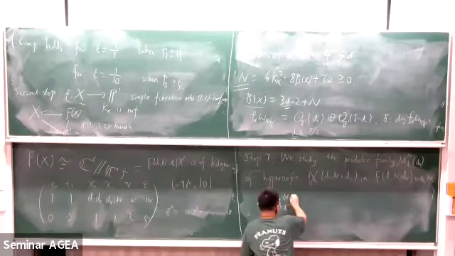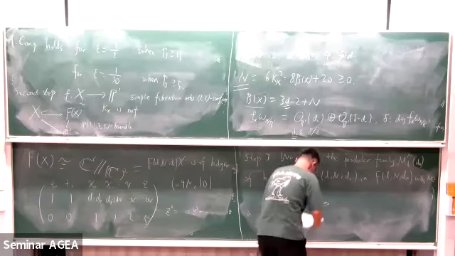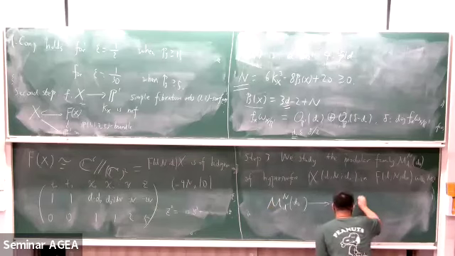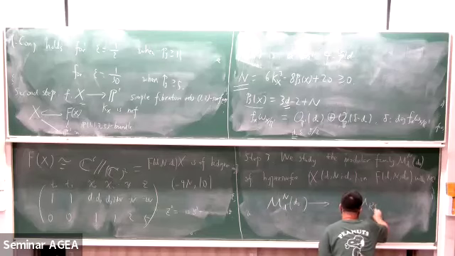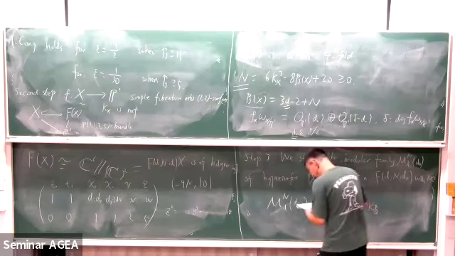So we have M_{d,n,d_0} maps to the moduli space with image is this one.